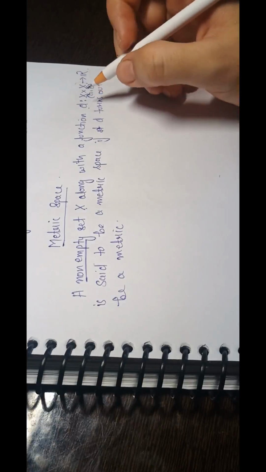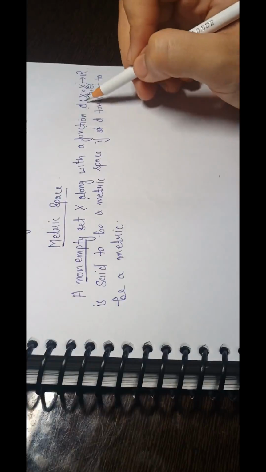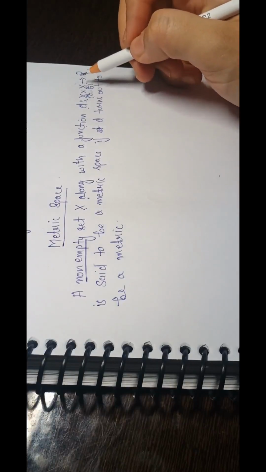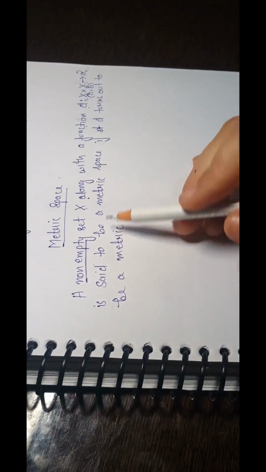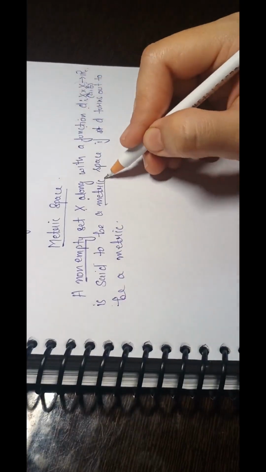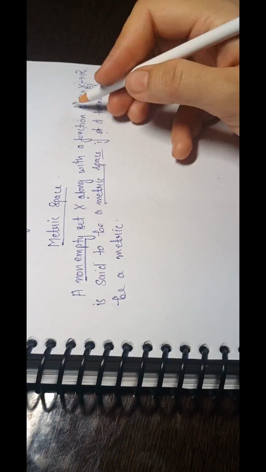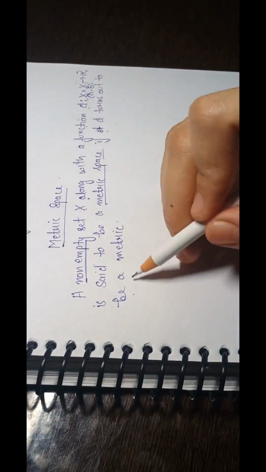So a non-empty set with a function defined from the Cartesian product of X with X to R is said to be a metric space if D, this function, turns out to be a metric.